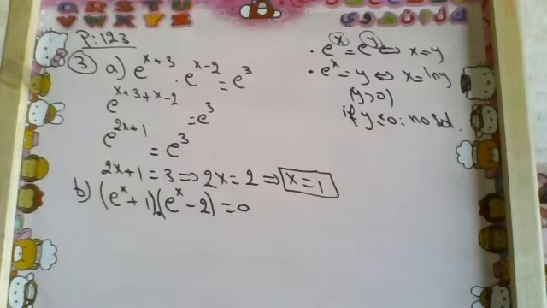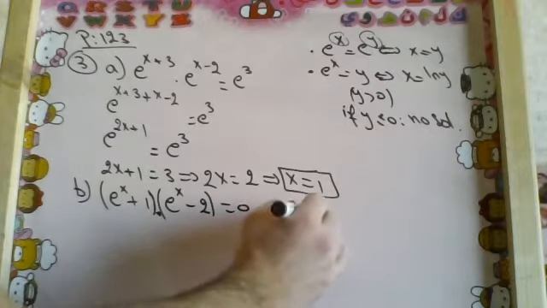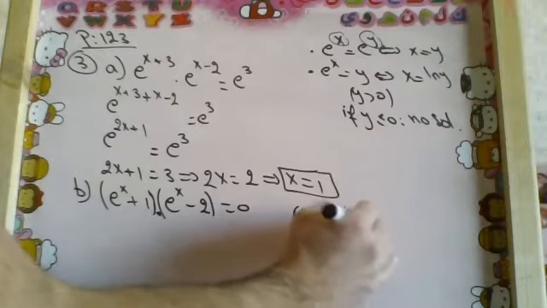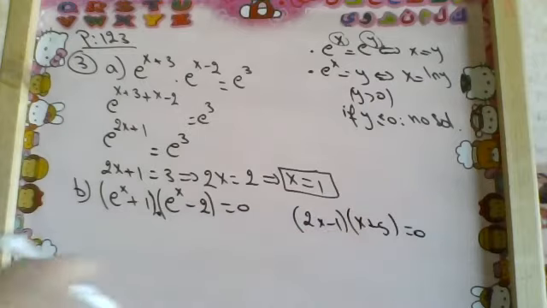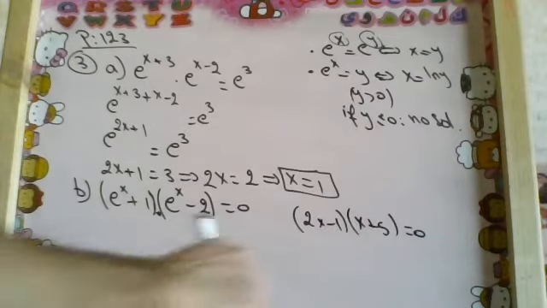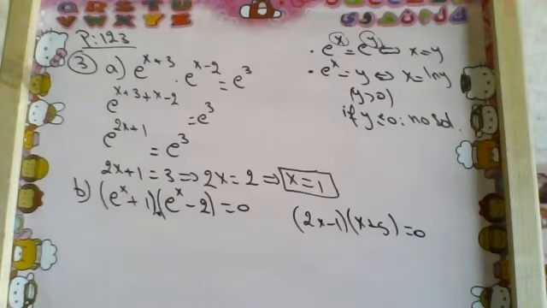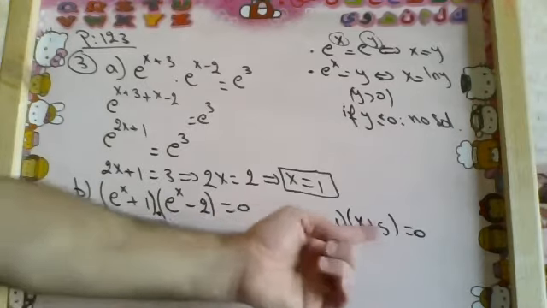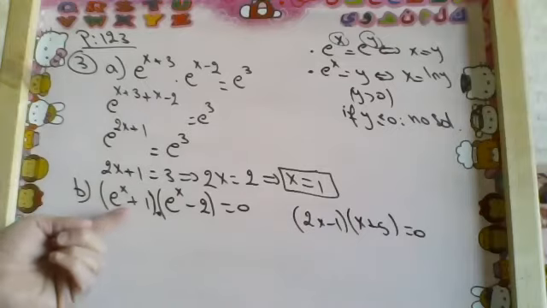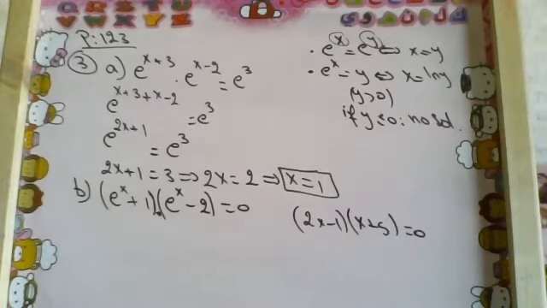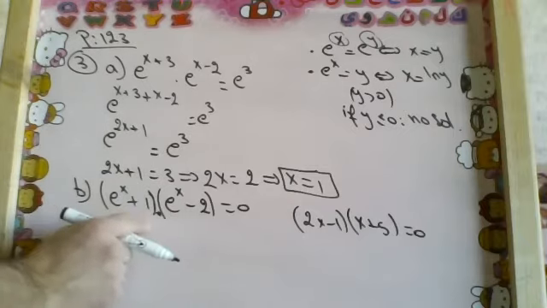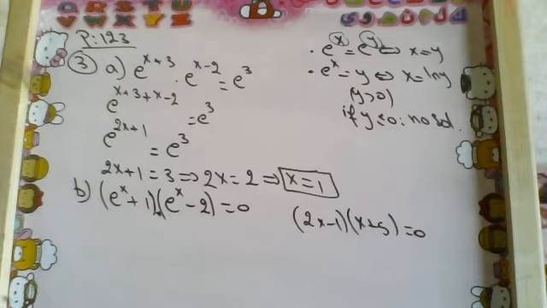For example, 2x minus 1 times x plus 5 equals 0, and you used to write the first one equals 0 or the second one equal to 0. Nothing has changed, but instead of being linear factors, here we have exponential. The same thing if it were ln, logarithm. So you put the first one equals 0 or the second one equal to 0.